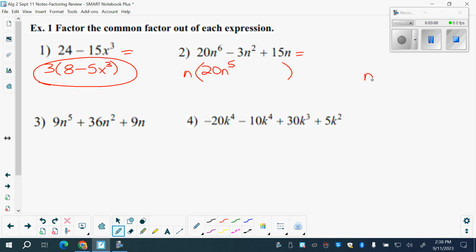So let me go back on this for a moment. N times n to the 5th. Why is that n to the 6th? When we have n to the 5th, there are 5 n's and 1 n, and there we have a total of 6 n's.